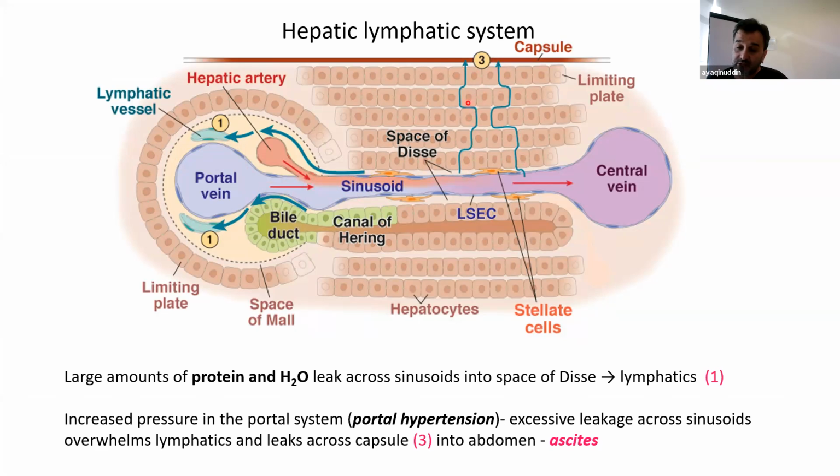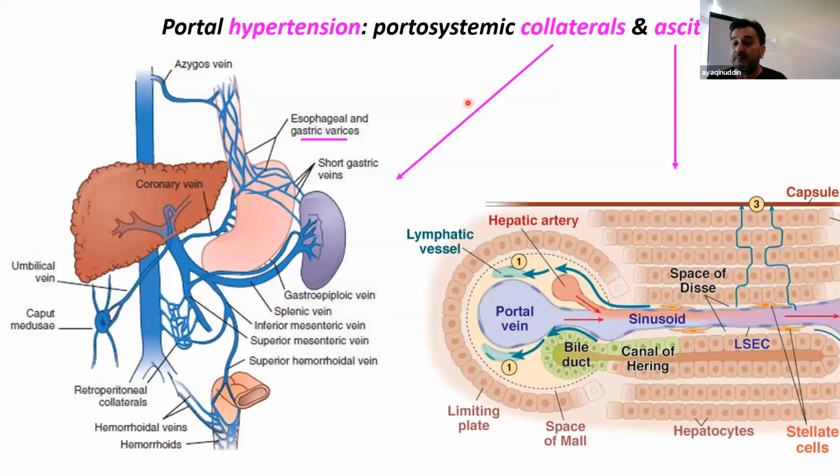So one of the consequences of portal hypertension is that the fluid starts to accumulate in the peritoneal cavity by passing through the sinusoids of the liver, through the hepatocytes, all the way down to the capsule, and then accumulating in the peritoneal cavity. So excessive fluid accumulation in the peritoneal cavity is ascites, and this is one of the consequences of portal hypertension.